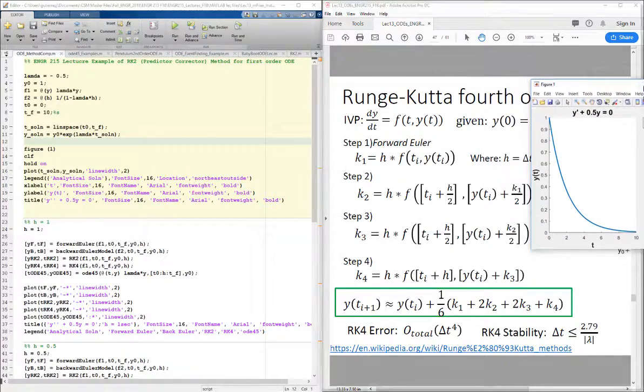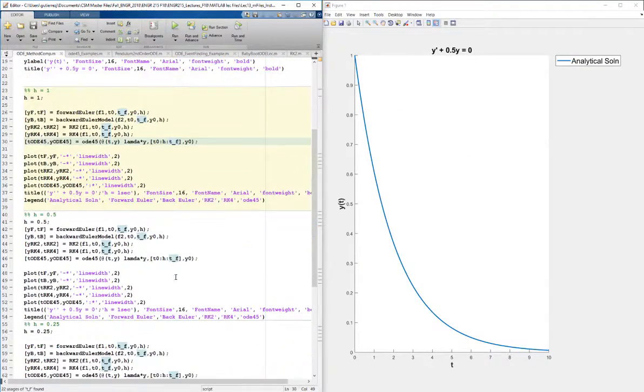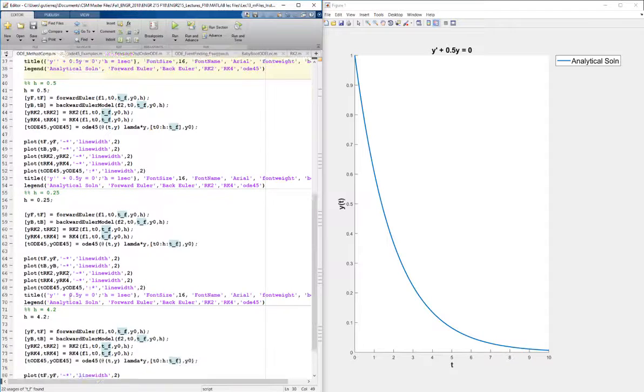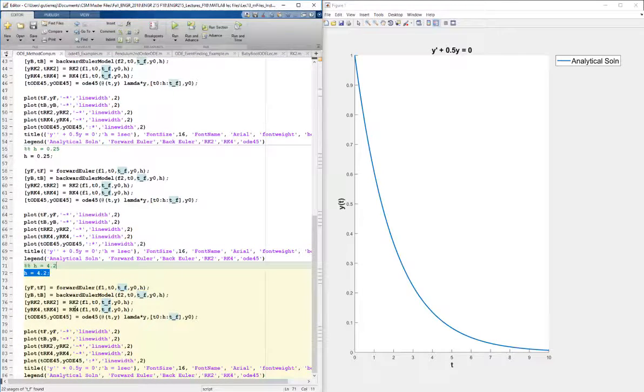So what I'm going to do here is take a much larger time step, a time step of 4.2. We expect that forward Euler and RK2 should be unstable. RK4 should be stable but have an error, and we'll see how it compares to our RK45, which is ODE45. It's 45 because it's a Runge-Kutta 4.5 method.